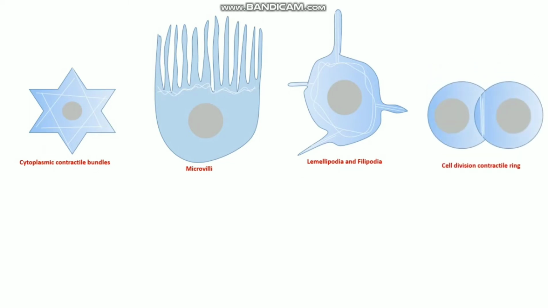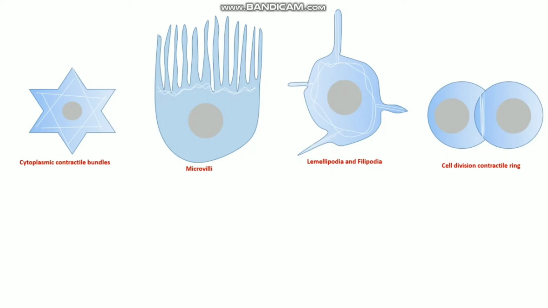So these different kinds of actin filament networks have different functions. Lamellipodia and filopodia are for cell movement, and for cell division it gives strength for the cell division. And the cytoplasmic contractile bundles contribute to the cell's contraction.